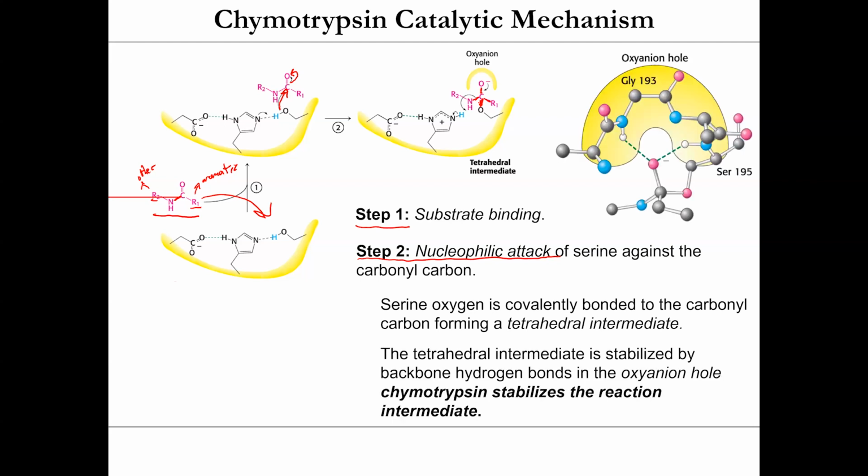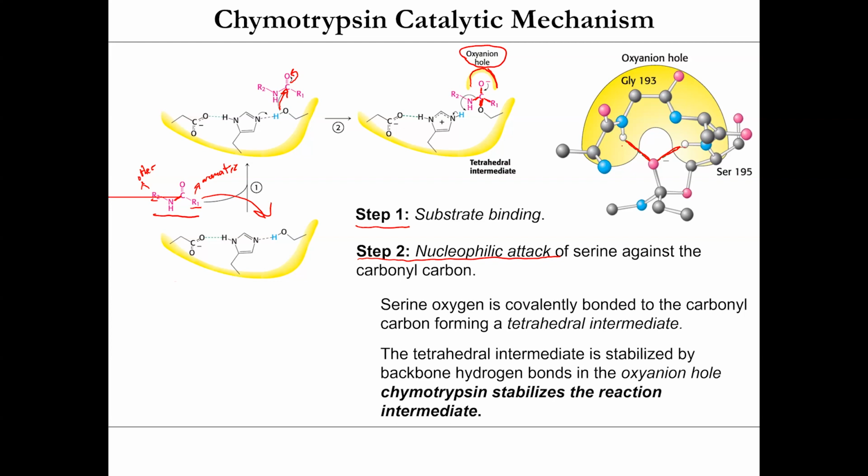And this tetrahedral intermediate is going to be stabilized by what's called an oxyanion hole, which is just a feature of chymotrypsin. So it's stabilized by the backbone hydrogen bonds in this oxyanion hole. So this allows chymotrypsin to stabilize the reaction intermediate, or the transition state.